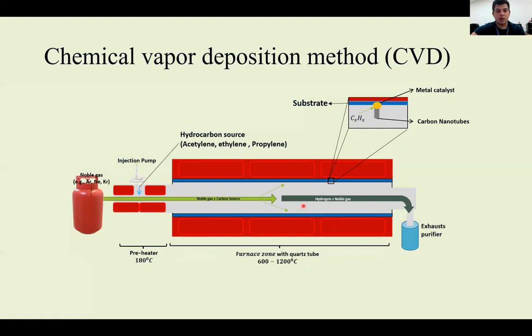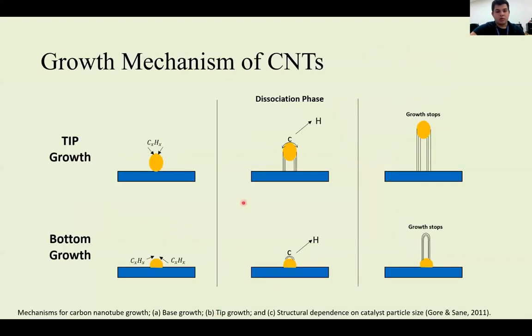The remaining gases are recovered into an exhaust zone container. During this process, there are two growth mechanisms: the tip growth and the bottom growth.